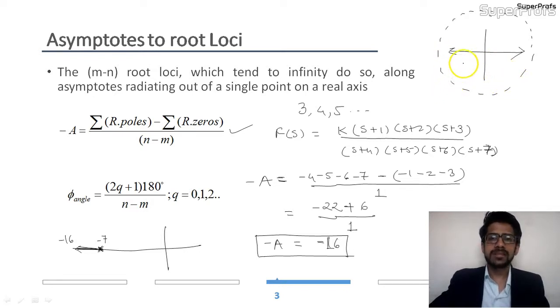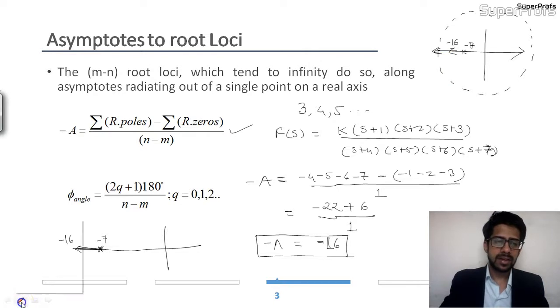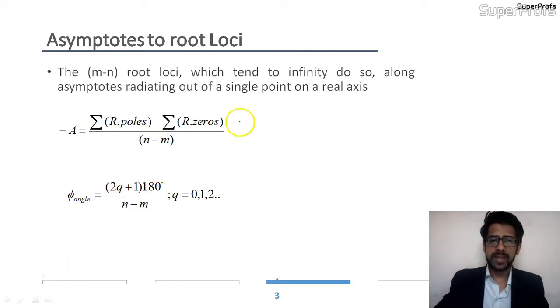Now we just saw that for this particular example from minus 7 the root loci is traveling through minus 16 towards infinity, and I drew it in the horizontal direction. Let us check if this was right. Okay, let us erase everything, and now we had 4 poles and 3 zeros.